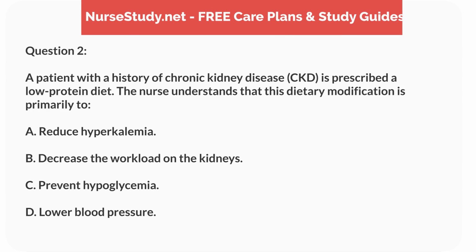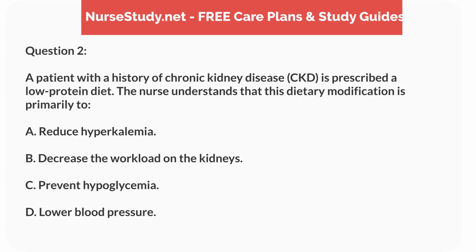Question 2. A patient with a history of chronic kidney disease, CKD, is prescribed a low-protein diet. The nurse understands that this dietary modification is primarily to A. Reduce hyperkalemia. B. Decrease the workload on the kidneys. C. Prevent hypoglycemia.